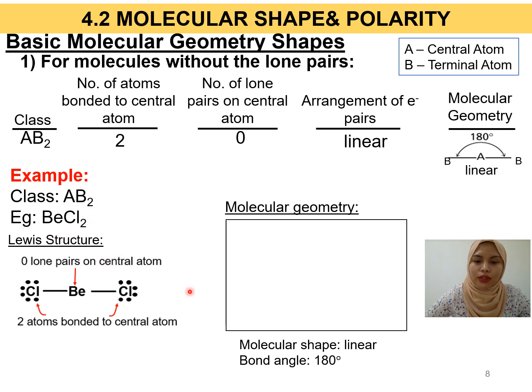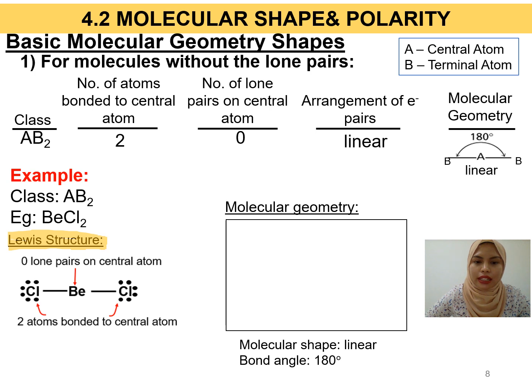So macam mana you nak lukis Lewis structure? So this is the important thing that you need to do lah. Bila you nak determine the shape of your molecule, you kena tahu nak lukis Lewis structure. Macam mana nak lukis Lewis structure? Kalau tak reti boleh refer to Miss punya previous video on how to draw the Lewis structure.